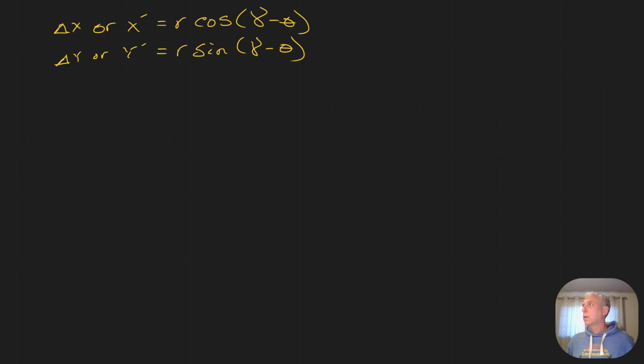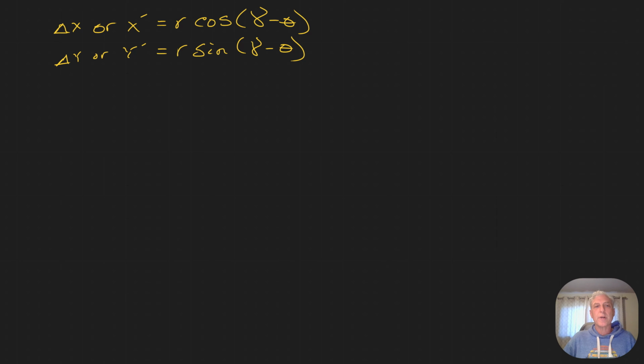So delta x, or x prime, is equal to r cos, and delta y, or y prime, is equal to r sine, gamma minus theta.